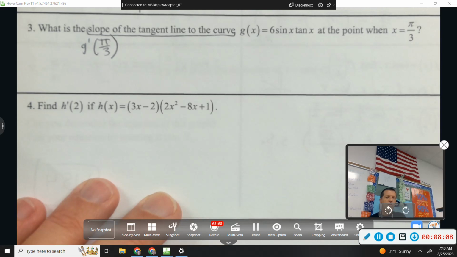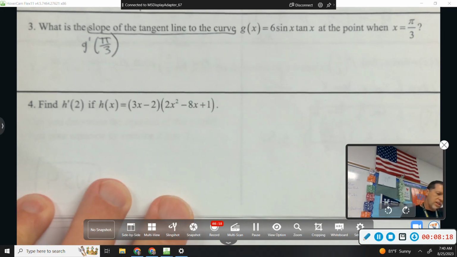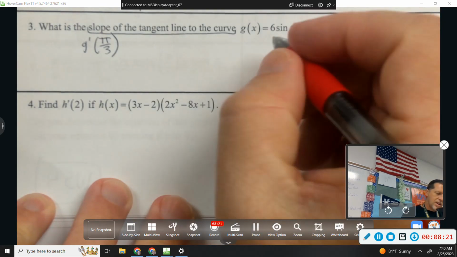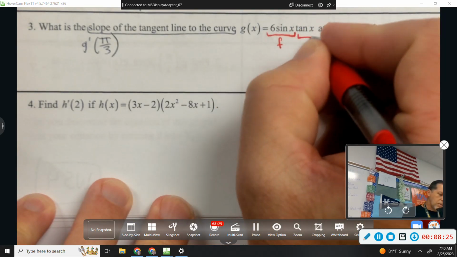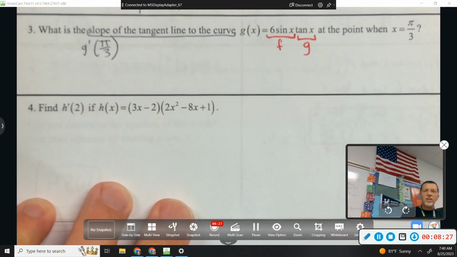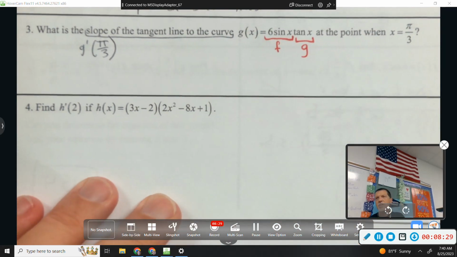What do you want to do with the 6? We've got options. Now let me ask it this way. What function do you want to call f? Good. That's probably the best way to do it. Just put the 6 on the sine, and then you don't have to worry about the 6 anymore.